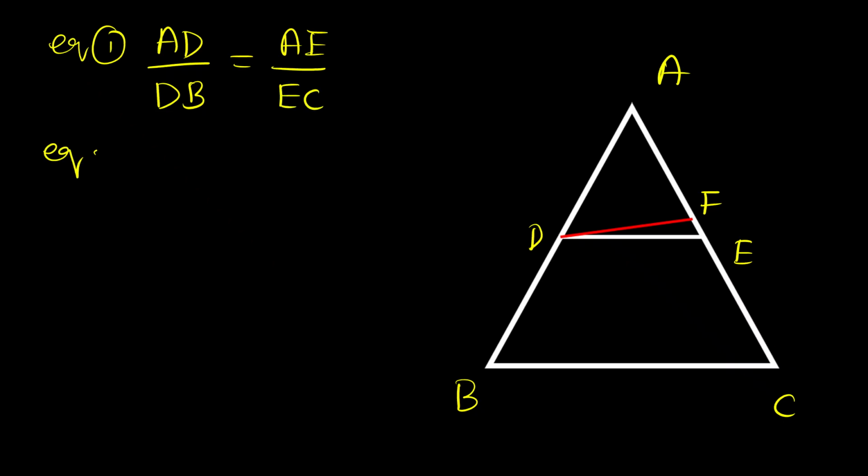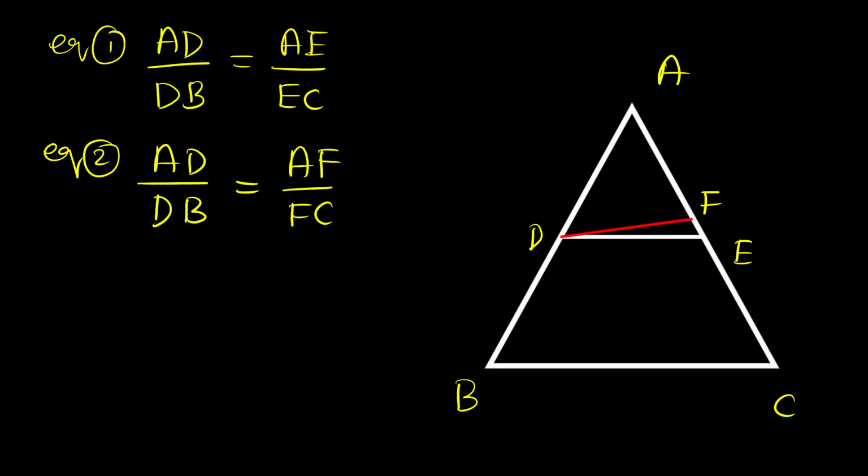And equation 2 states that AD by DB is equal to AF by FC. So from these two equations we can tell that AE by EC is equal to AF by FC.